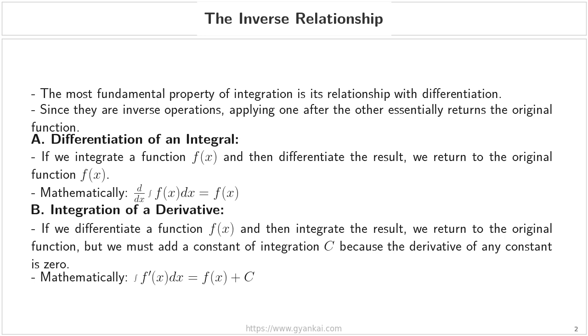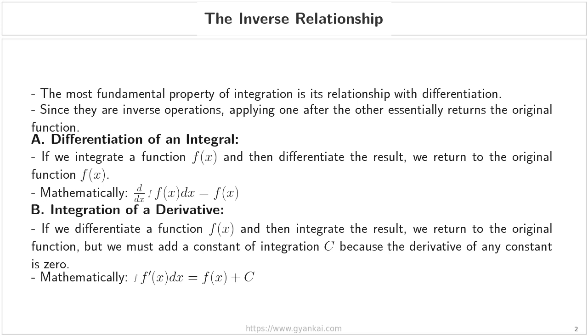B, integration of a derivative. This is similar, but with the order reversed. If you first differentiate a function f of x and then integrate the result, you also get back the original function f of x. However, there's a crucial difference here. We need to add a constant of integration, which we denote as c. Why? Because remember, the derivative of any constant is 0.